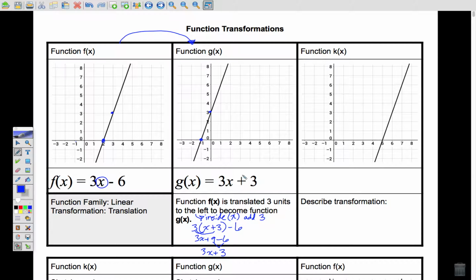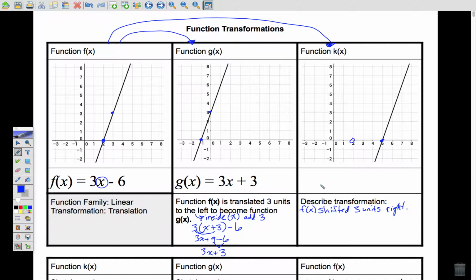So now let's look at k of x. So we're going to describe it from f of x to k of x, and let's see what happens. So it was at 2, now it's over at 5. So it started here. We can see that it shifted 1, 2, 3. So f of x shifted 3 units to the right.